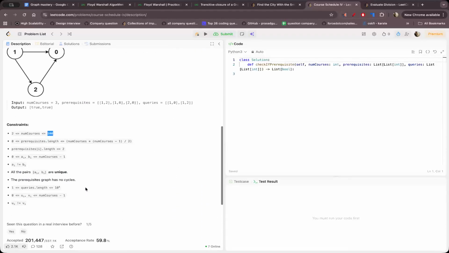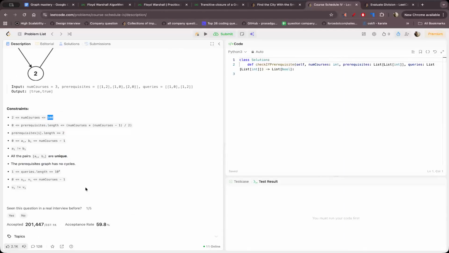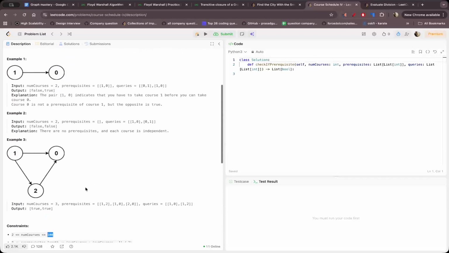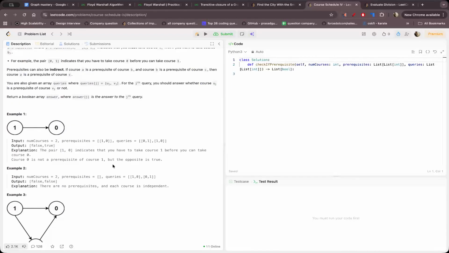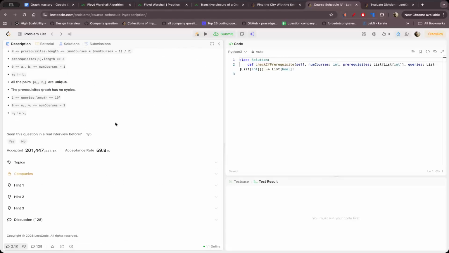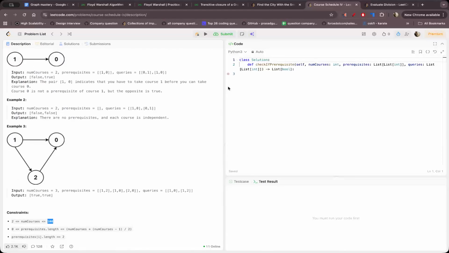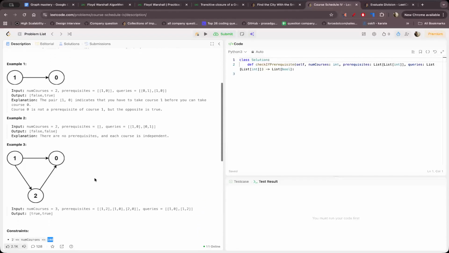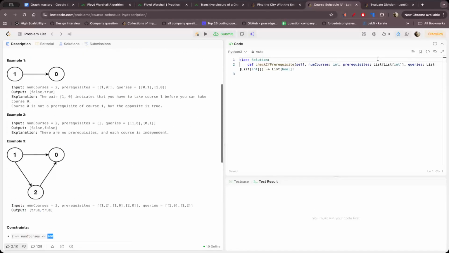Approximately 10 to the power 8 and less than 10 to the power 9 instructions run in 1 second. So if I calculate a matrix where I know whether there is a path from u to v for every u and v, then I'll be able to answer every query very fast. So I'll use the same algorithm which we just did.